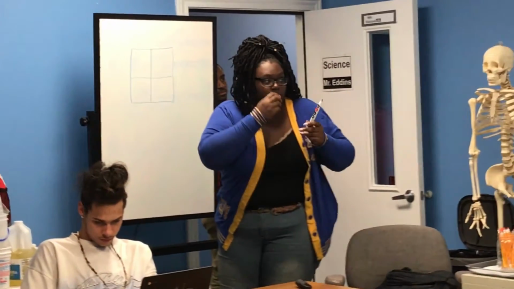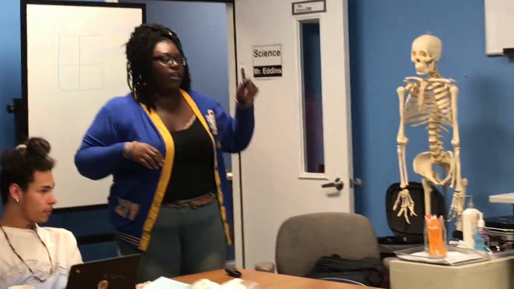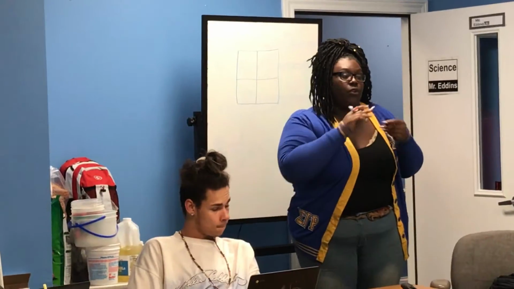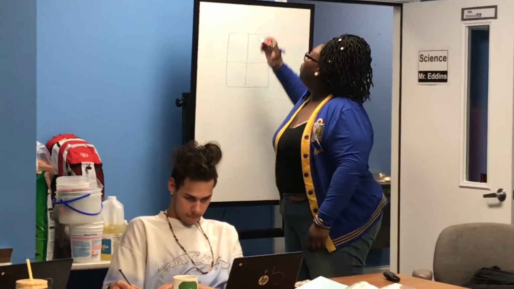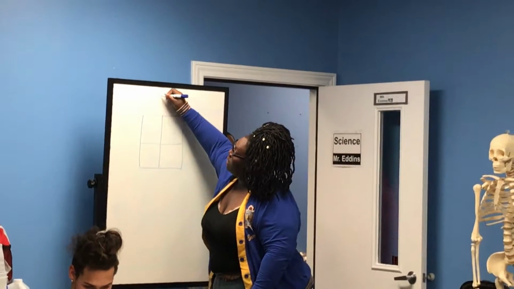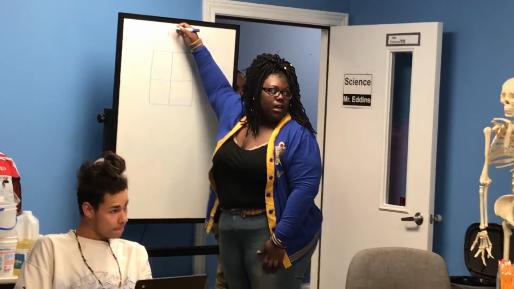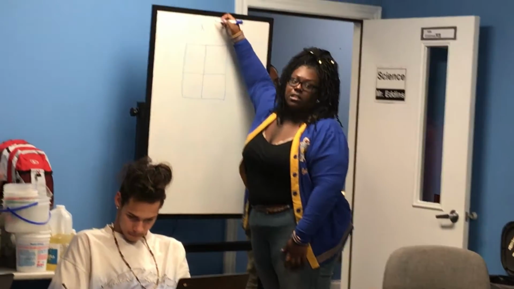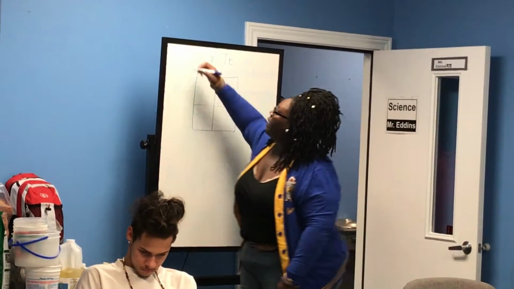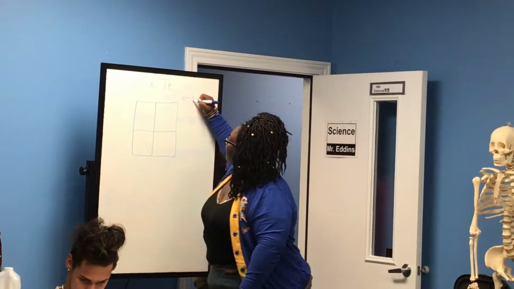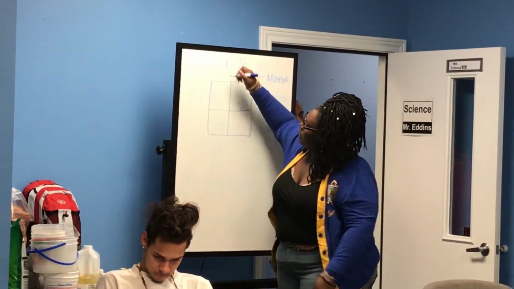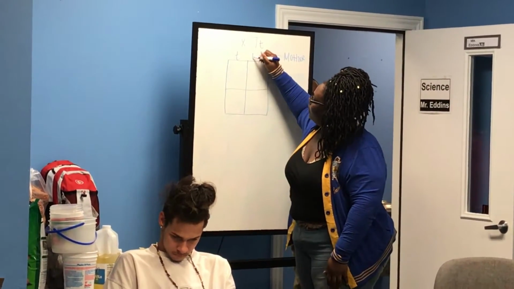So for this example, on the top, which is usually where you put the mother's traits, she is homozygous recessive for being short. So the cross that we're doing is little t, crossing with a heterozygous plant for being tall, which would be capital T and lowercase t. So here would be the mother's traits, and you would just separate them. So one t would go here, and the other would go here.